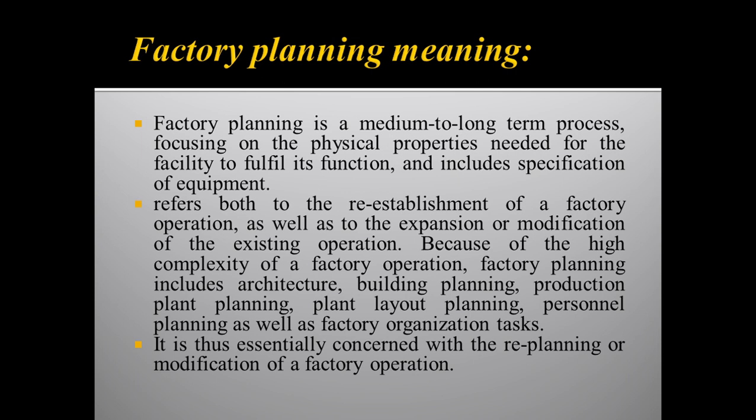Factory planning comprises the planning and dimensioning of industrial production facilities as well as the monitoring of realization until the production is started. So factory planning is a medium to long-term process focusing on the physical properties needed for the facility to fulfill its operation or function and includes specification of equipment.